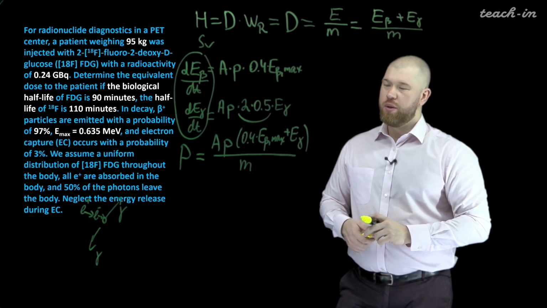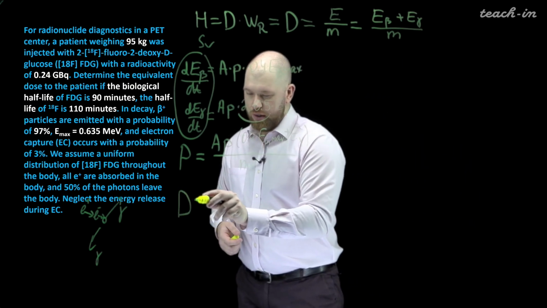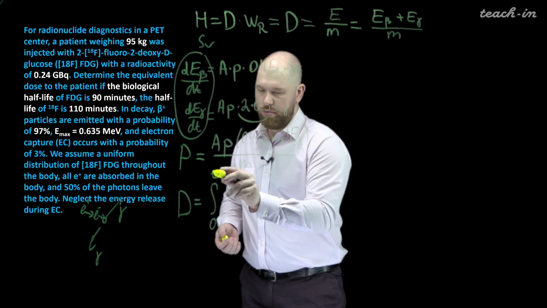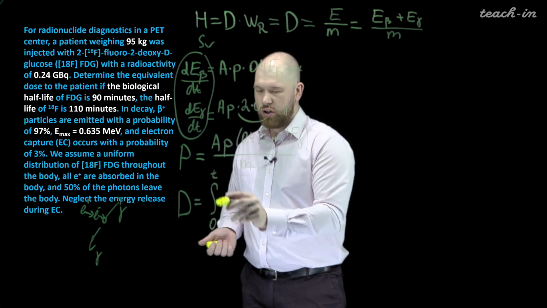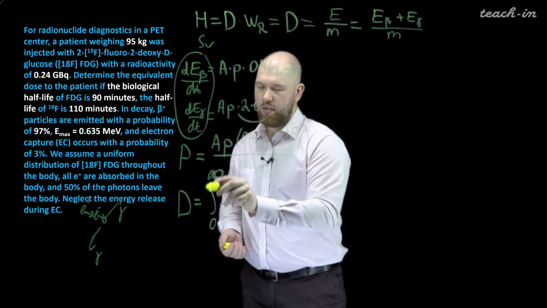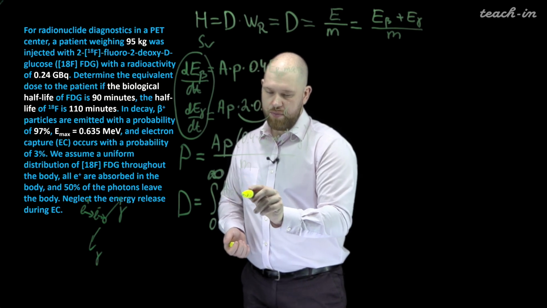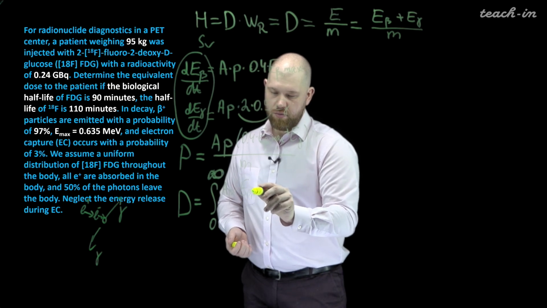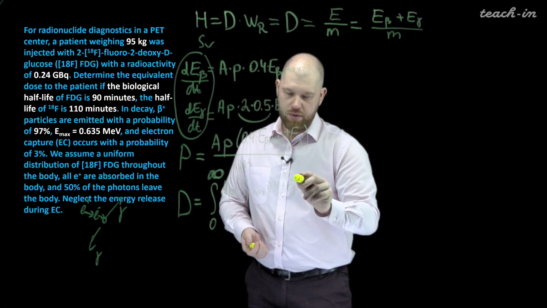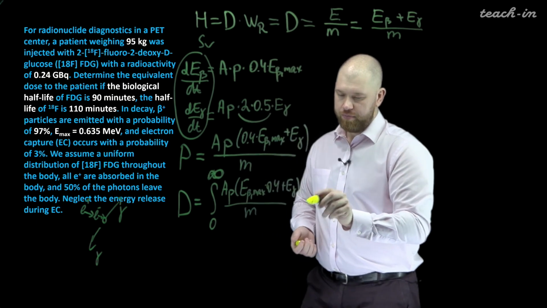But when we calculate the dose, it will be the integral over time from the initial time to infinity of A P, 0.4 E beta maximum plus E gamma, divided by mass, dt.